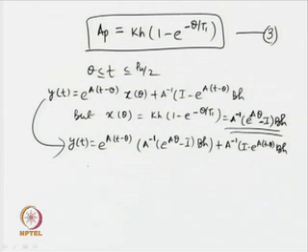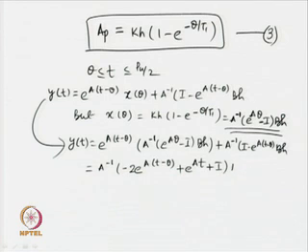So, let us collect the terms and simplify this expression y t. So, y t ultimately can be given in the form of a inverse minus 2 e to the power a t minus theta plus e to the power a t plus I times b h.